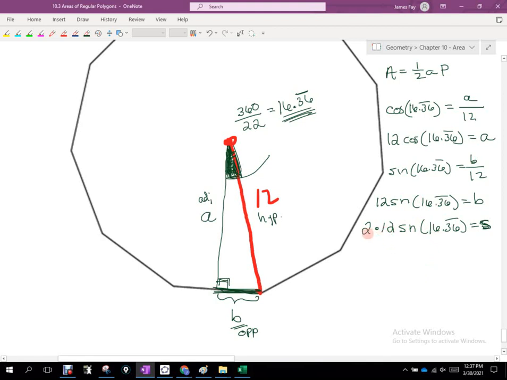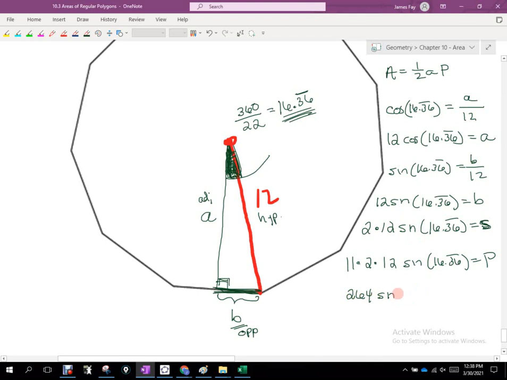And then if I multiply that by 11, so 11 times 2 times 12 sine of 16.36, that would be my perimeter. And 11 times 2, so 22 times 12, 264.